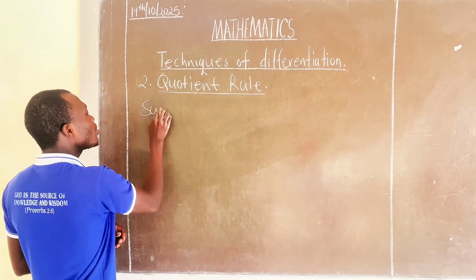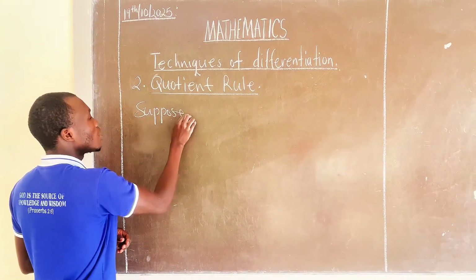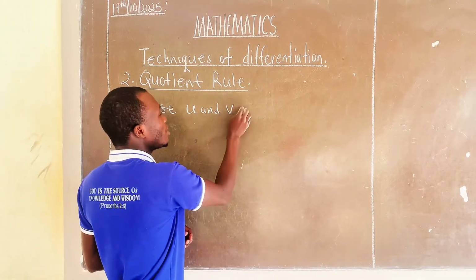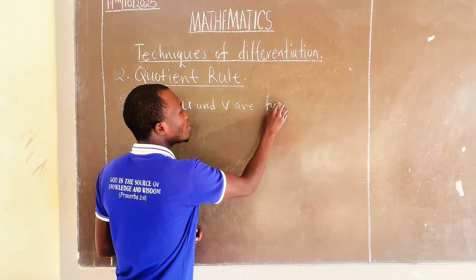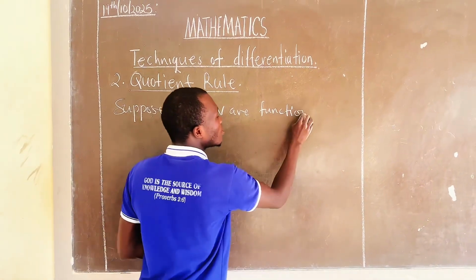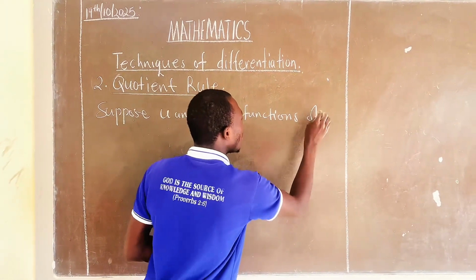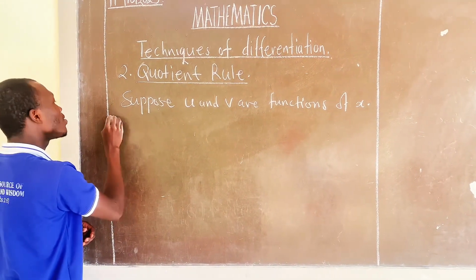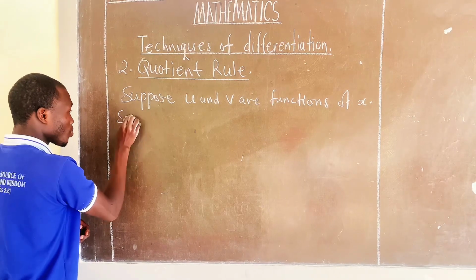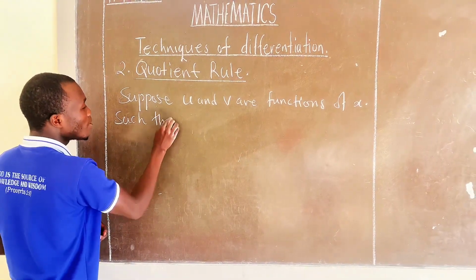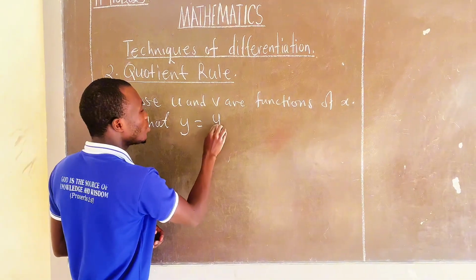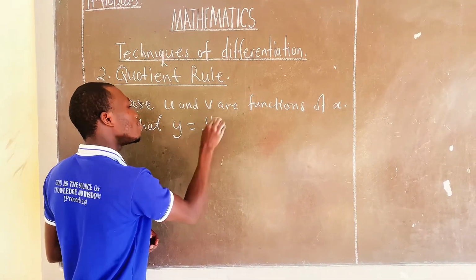We shall say, suppose u and v are functions of x such that we have our function y is given by u over v.